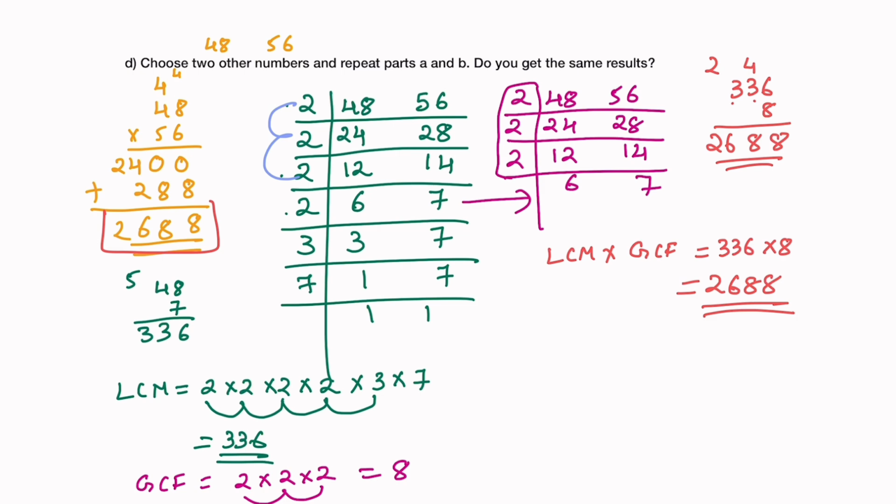This 2, 2, 2 was applicable to both the numbers, and that's why we took it only once. And the same numbers are here. So we took it once in the LCM, and again we take it from the GCF. So now it became twice, and that's why you get that answer. Understood the logic? No matter which numbers you take, it will always remain true.